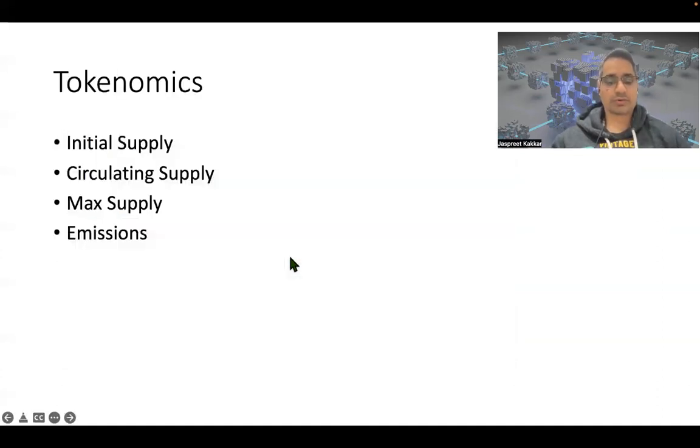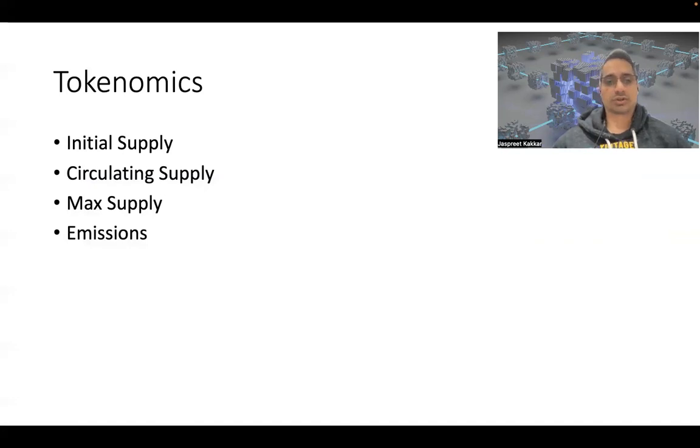So let's keep moving. Now I'm going to talk about tokenomics, or the token economics. So what does tokenomics mean? These are the metrics of various coins. For example, important metrics include the initial supply and the circulating supply. So what is initial supply?